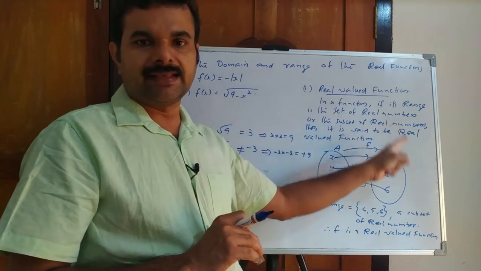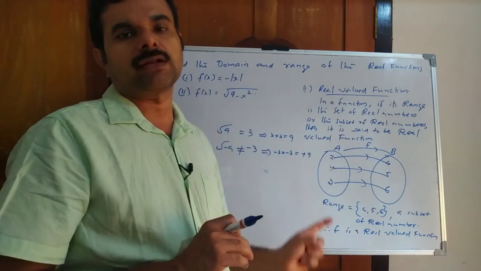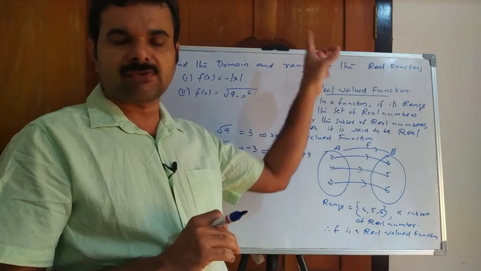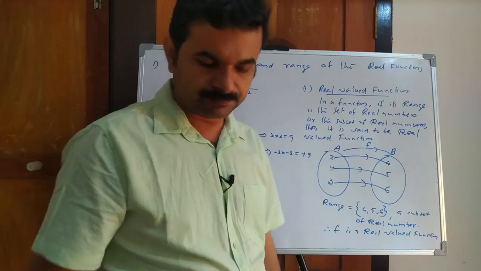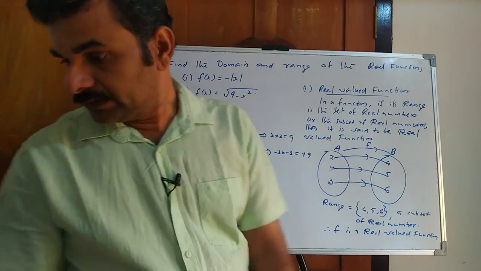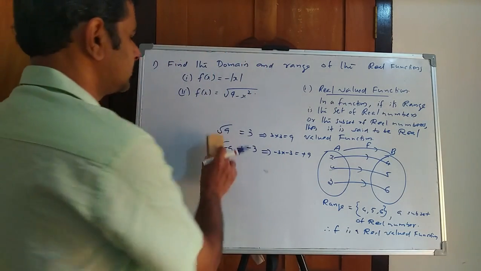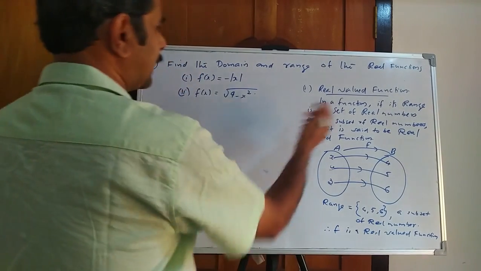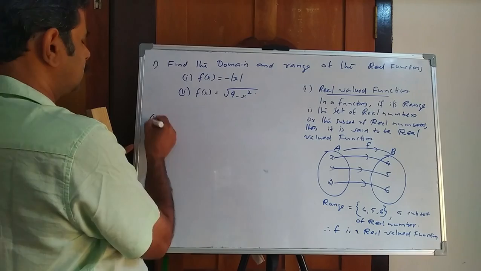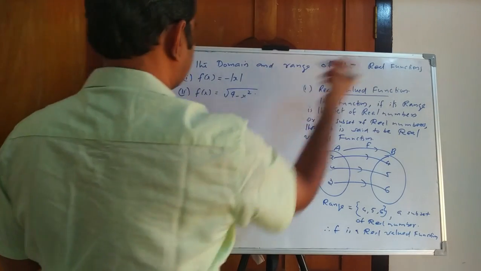If the range set is a real number set or a subset of the real number set, then this function is called a real valued function. Okay. Similarly, another one is a real function.